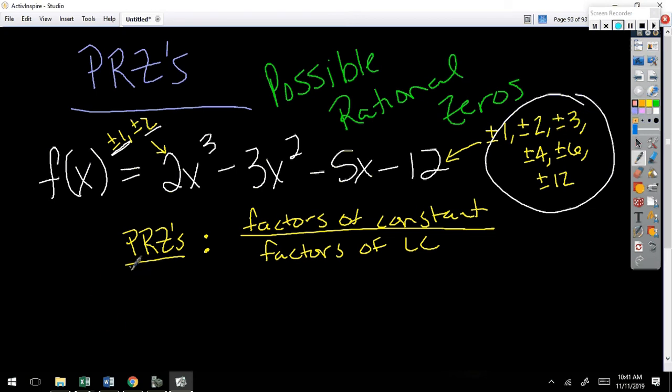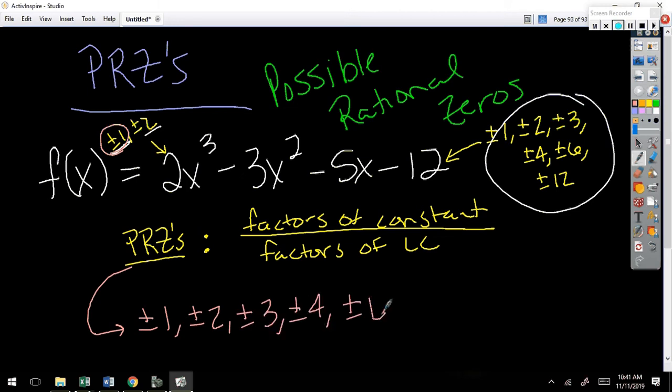So in this case, if I take all these numbers and divide them by the first one, they'll be themselves, right? So I can just copy that list for this first little set: 1, 2, 3, 4, 6, and 12. And now I need to take all of them and divide them by what? 2, right? So I'm going to do 1/2.